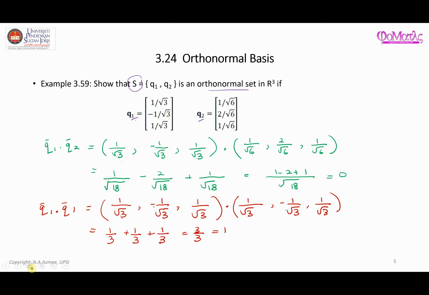Okay, and I'm not going to show this, but you can do it on your own. Then you can consider showing that the dot product of q2 and q2 must be equal to 1 as well. So that one is do it on your own.